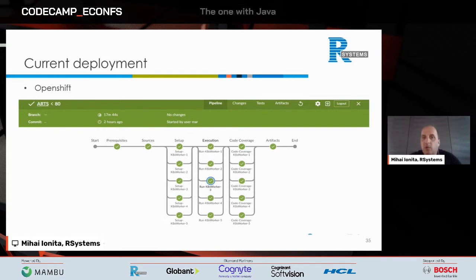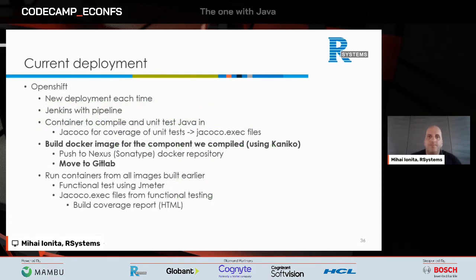After that, we run in parallel multiple tests using JMeter. When all the tests are finished, we extract all the Jacoco files for each pod, and we generate this code coverage report that you've seen in the previous slide. So, and at the end, of course, we generate some summary and we archive the logs for future reference.